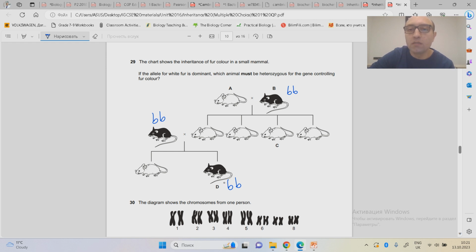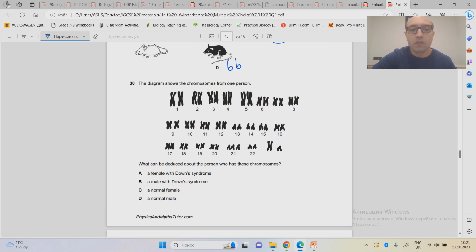Another piece of information: because this is small b, C can be heterozygous, guys. So all of them are heterozygous because one parent gave small b here, capital B small b and capital B small b. They are asking what must be, guys, heterozygous. So the answer here is C, guys. C, 100% is heterozygous.